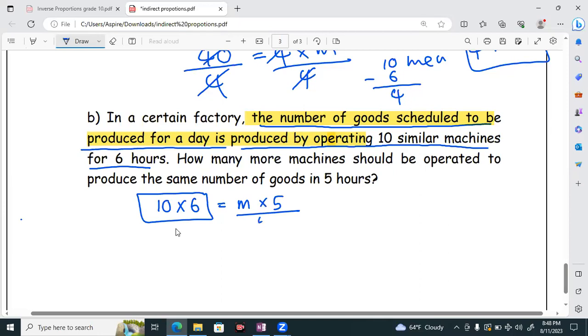Then we divide this by 5. 5 and 5 cancel. Then it is 2 times 6, which is 12. Now they asked how many more machines. There are 10 machines already, so 2 more machines are required.